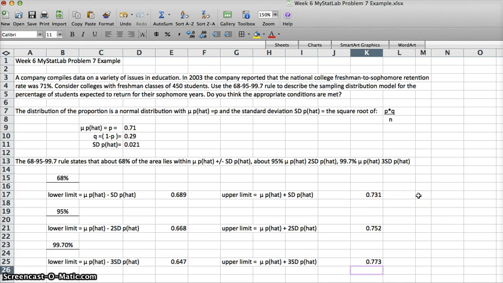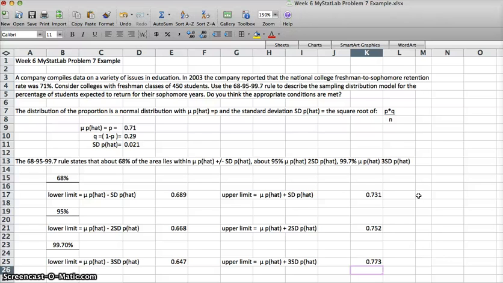And there we have it. Our upper and lower limit for all 3 standard deviations. With 68% being 0.689 to 0.731, all the way up to our 99.7, which is 3 standard deviations away. We get 0.647 for the lower limit, 0.773 for the upper limit.